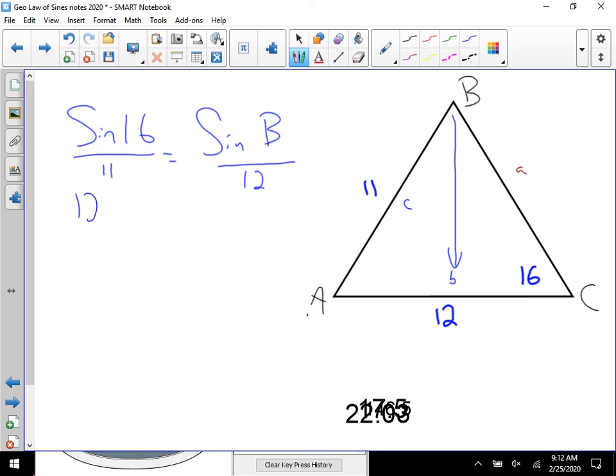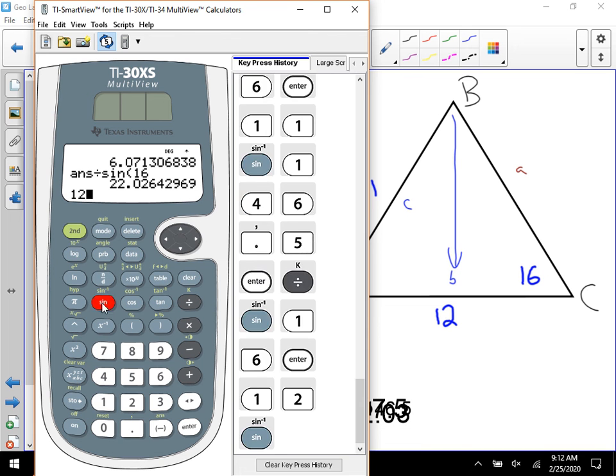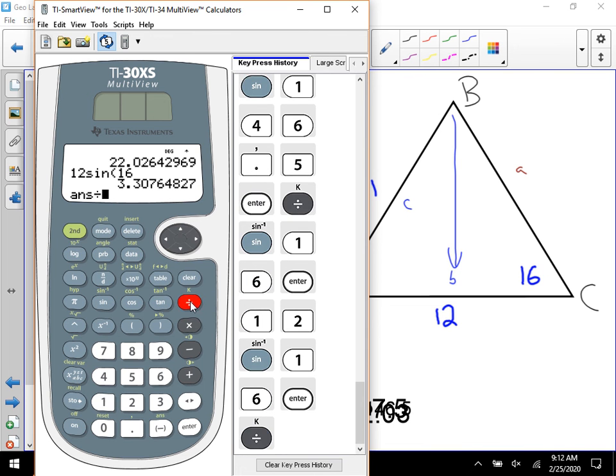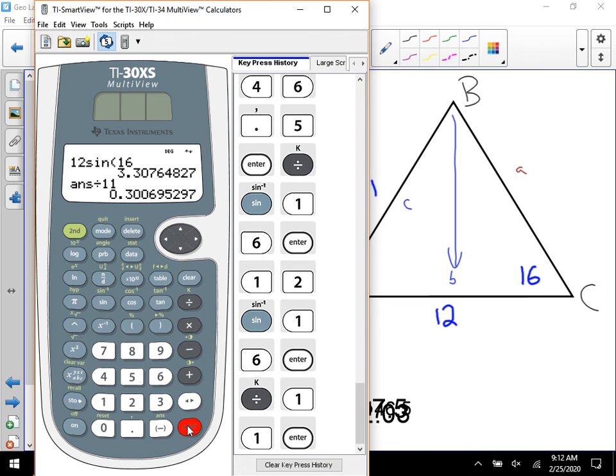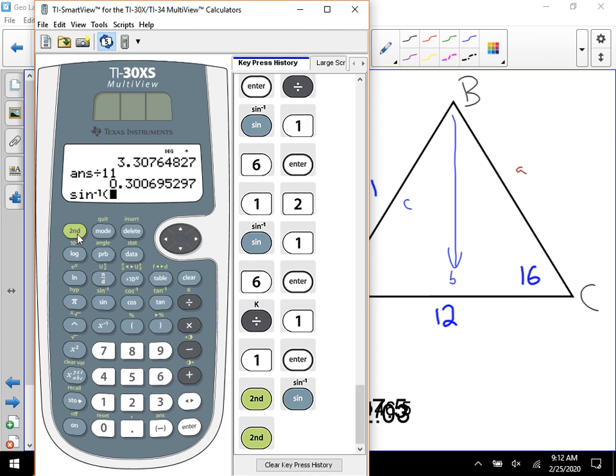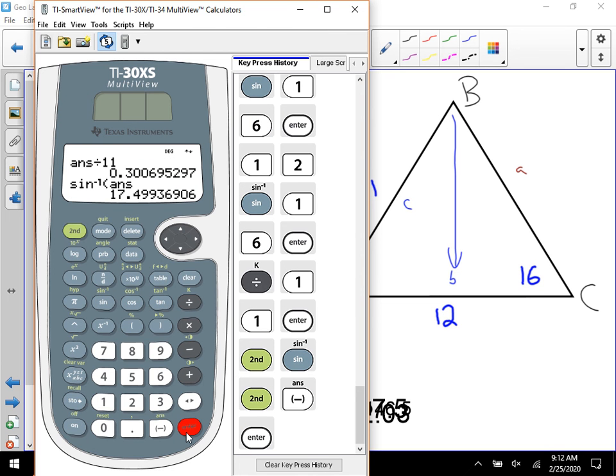So you have 12 sine 16 over 11. 17.5. Okay. So my 17.5 is for angle B.